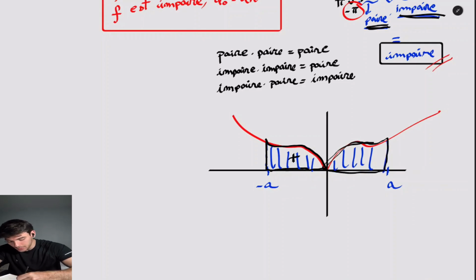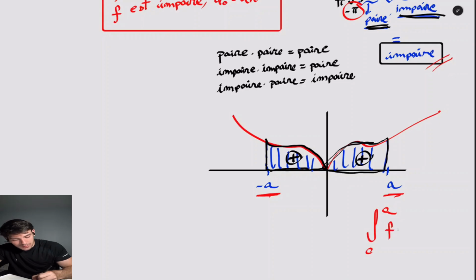But here they're both positive. So if you're integrating an even function on a symmetric interval, you can reduce the interval in half. You're not integrating between minus a and a anymore. You're just integrating between 0 and a.